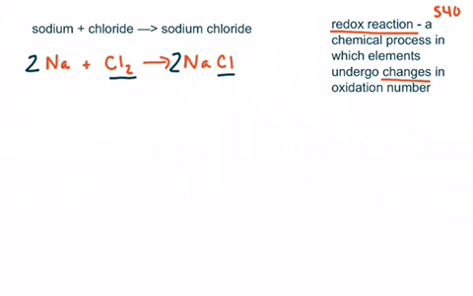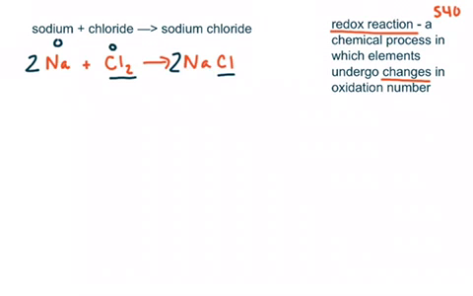Alright, so now let's go through and assign oxidation numbers to each element. First of all, sodium and chlorine are both just elements on their own in their pure state, so they'll both have oxidation numbers of 0.